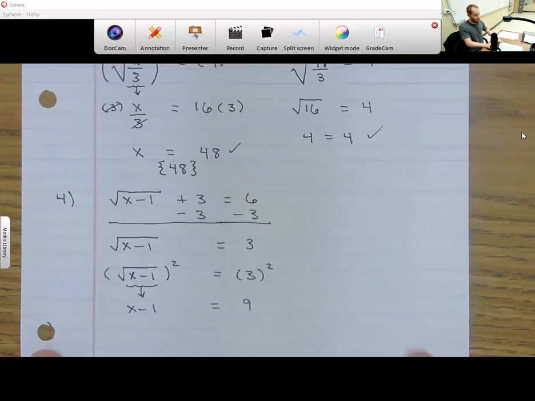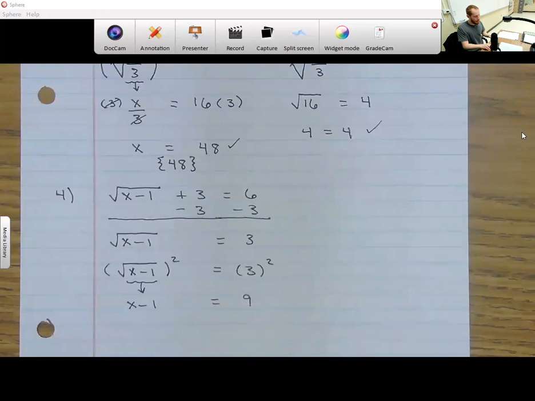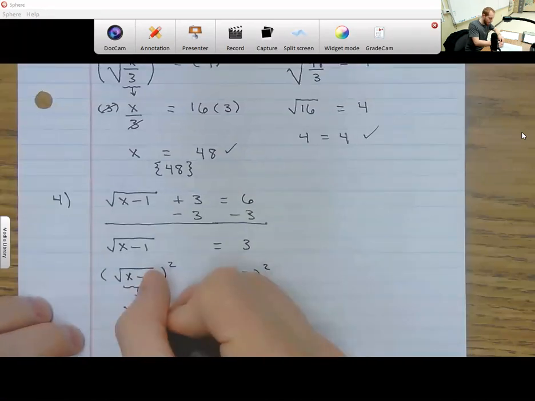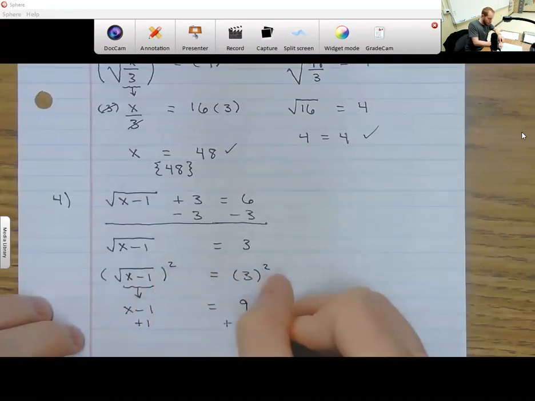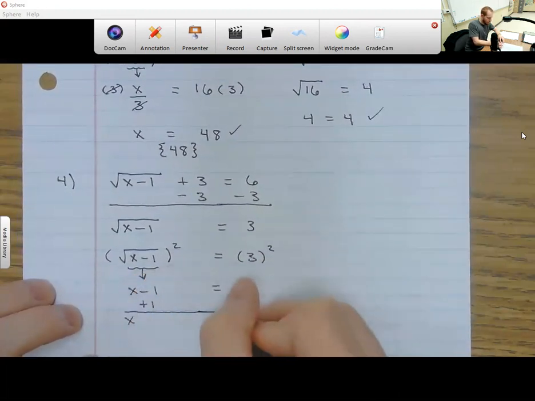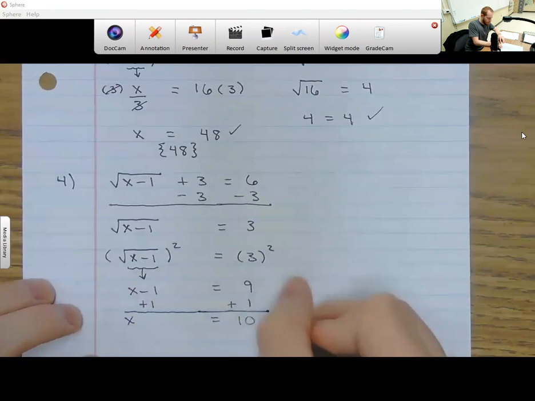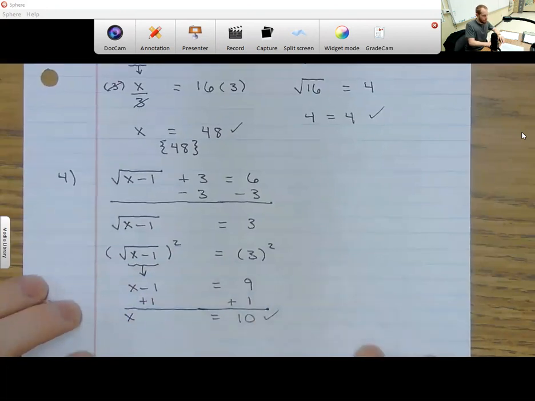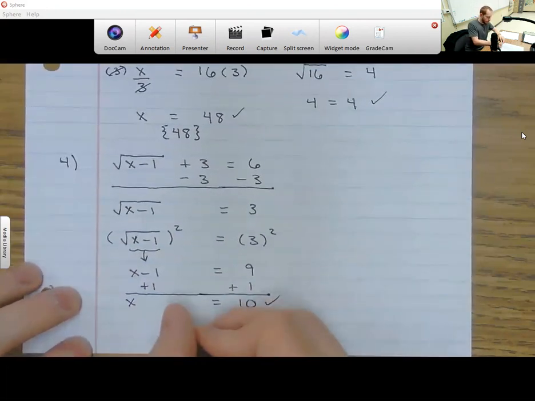Okay, so now I've got that x minus 1. How do I get rid of a minus 1 to get the x by itself? I've got to add 1 to both sides, right? So if I add 1, what's my answer going to be? I get x is equal to 10. 9 plus 1. So that's going to be in my solution set.